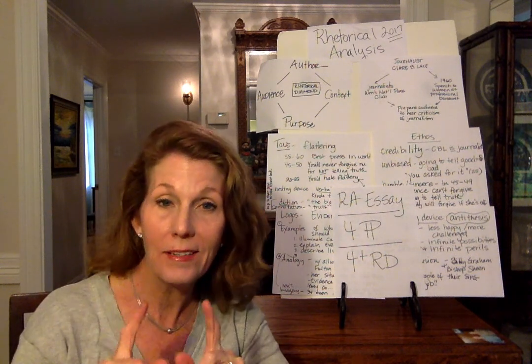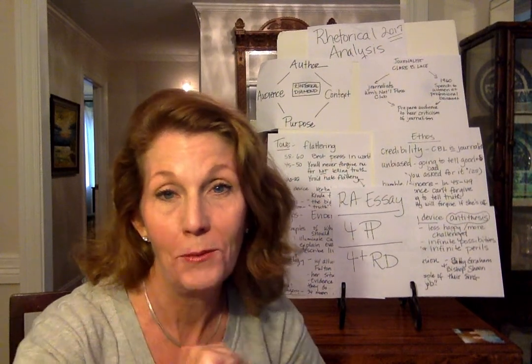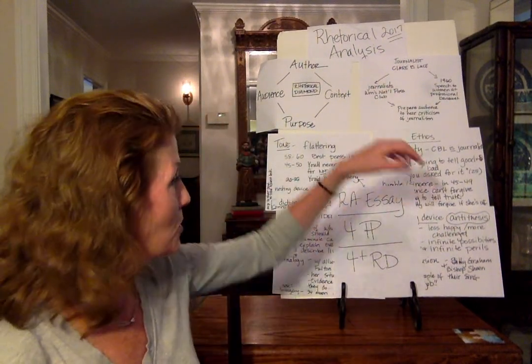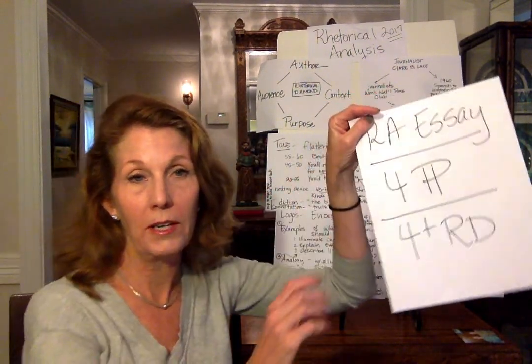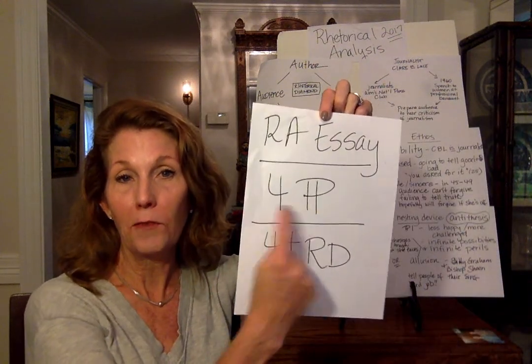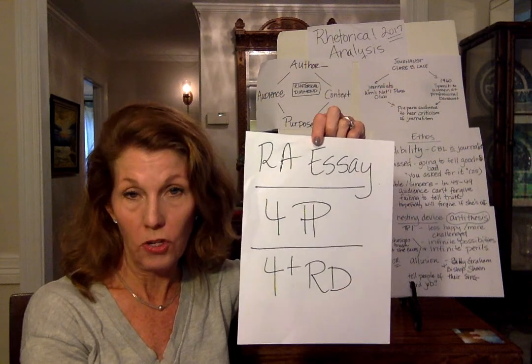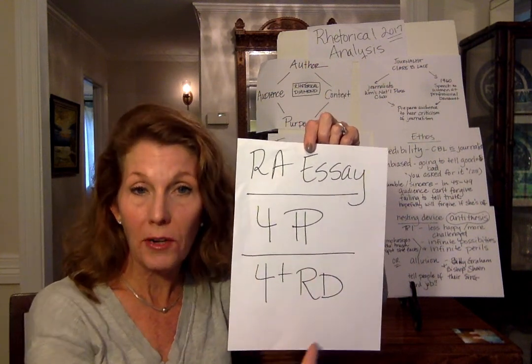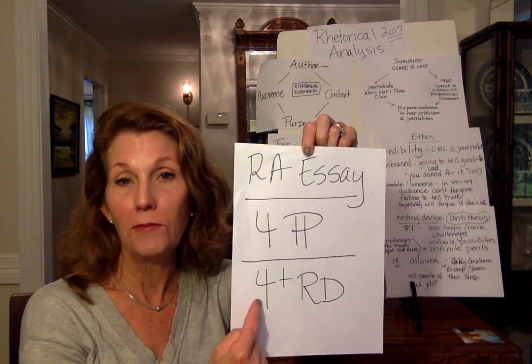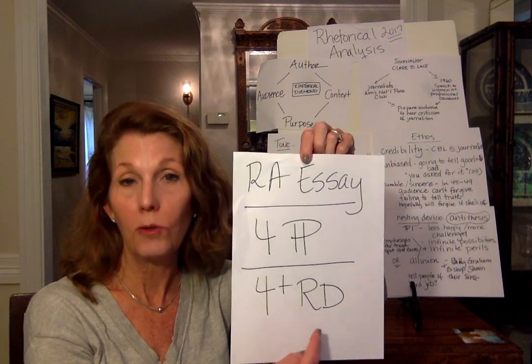The question is, what are the main ones that we ought to be talking about? So, in a rhetorical analysis essay, we're going to have 4 paragraphs. Introduction, 2 bodies, and a conclusion. And in the course of our 2 body paragraphs, we need 4 plus rhetorical devices.